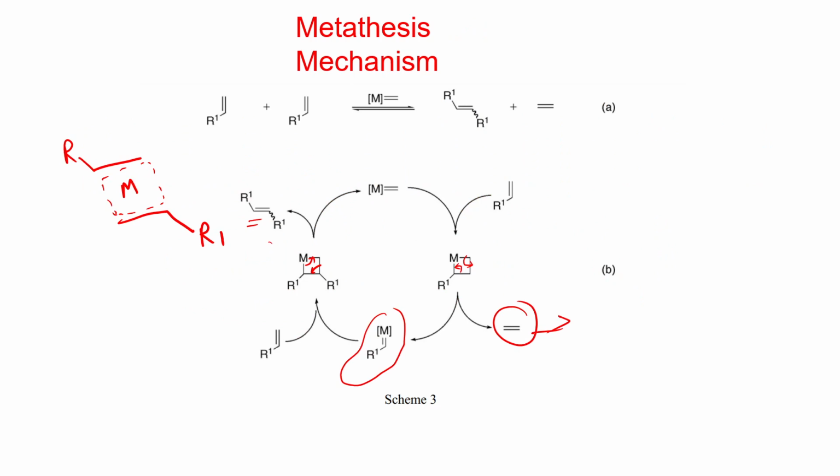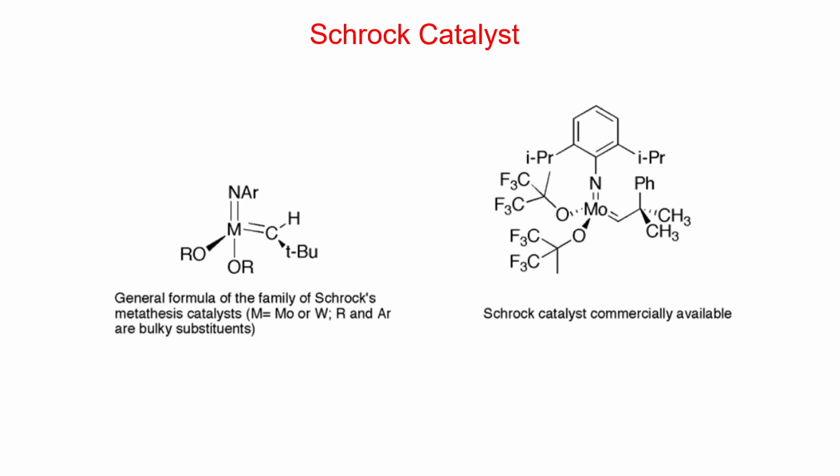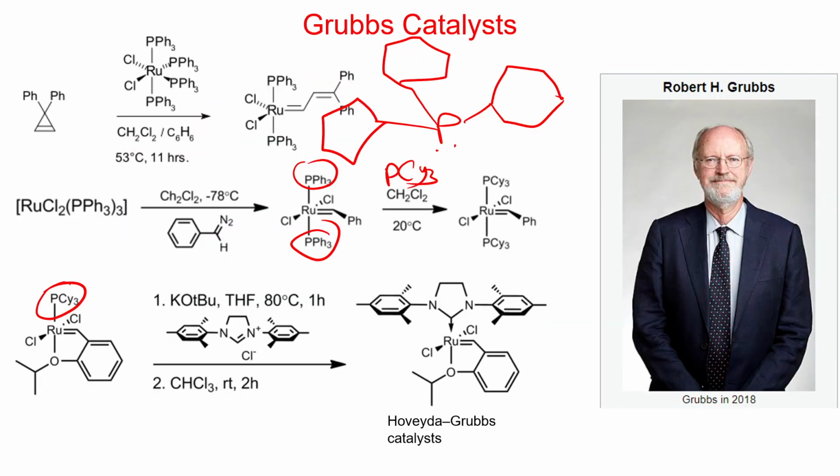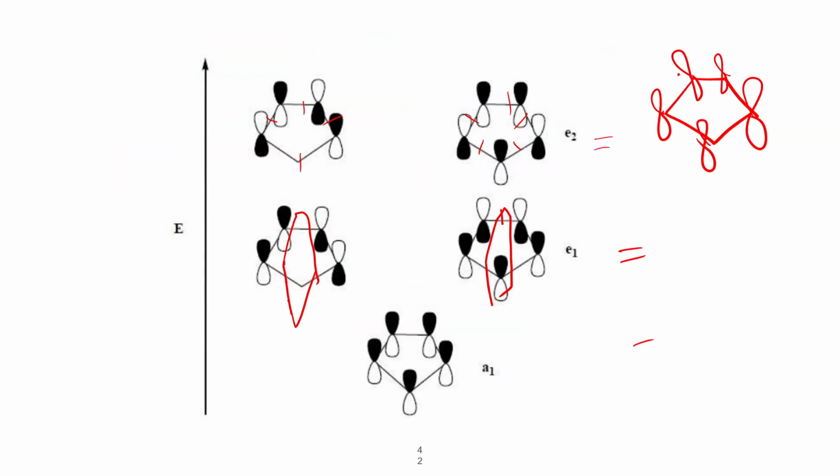Initially it was thought to be a pairwise mechanism, but now it is proven that it does not go via the pairwise mechanism; it is a non-pairwise mechanism, and this is the mechanism of that. One unit would react with one alkene followed by another, and in that way it would go through. Then the catalysts for this kind of metathesis reaction, and the way the filtration happens, and then these kinds of modifications.